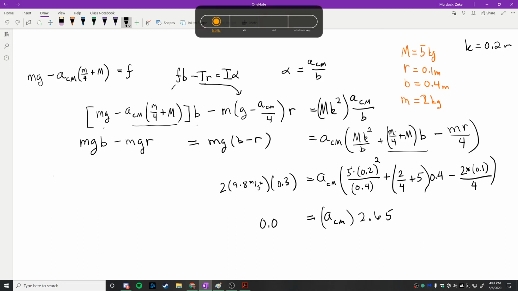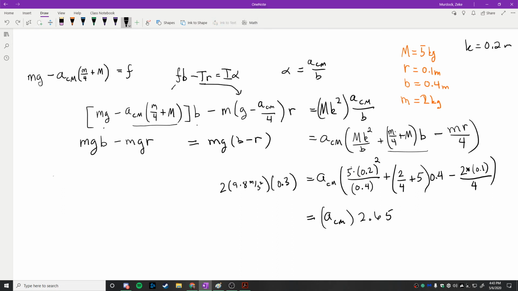Sorry, that's wrong. 2 times 9.8 times 0.3. 5.88. So I think we're going to get ACM is equal to that divided by 2.65. So about 2.21. And there we go.